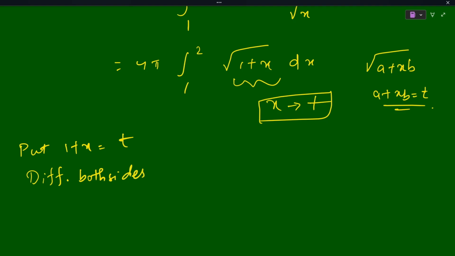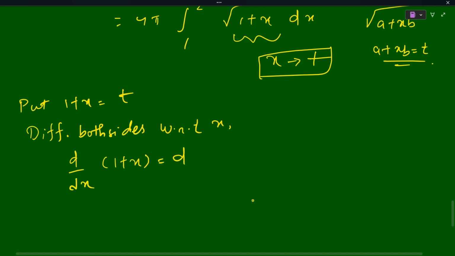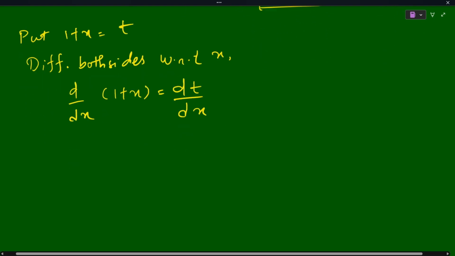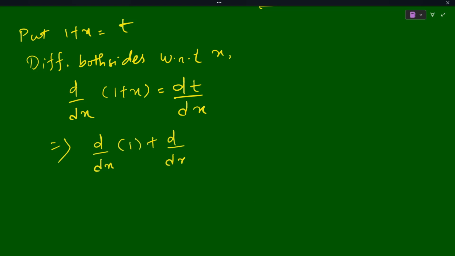Now we will differentiate both sides with respect to x or t as our base. So if I am doing it with respect to x, then d by dx of 1 plus x equals dt by dx. Now using the linearity principle, it would be d by dx of 1 plus d by dx of x equal to dt by dx.